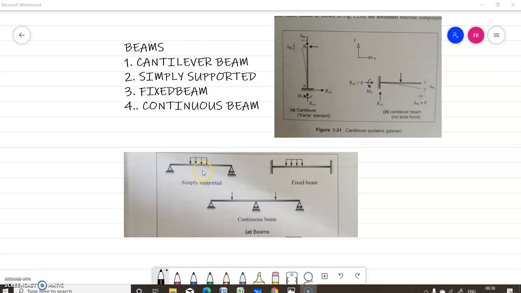Now a simply supported beam means a beam which is hinged at one end and simply supported or with a roller support at the other end. This is known as a simply supported beam. Fixed beam means a beam which is fixed at both ends. A continuous beam is a beam having more than two supports like this: 1, 2, 3. This is known as a continuous beam.